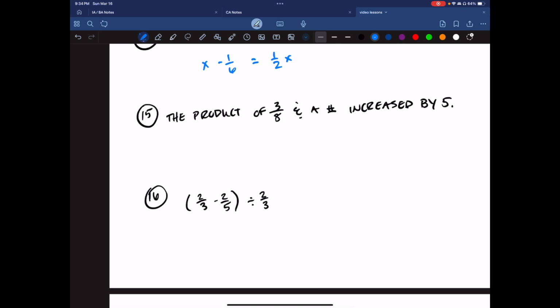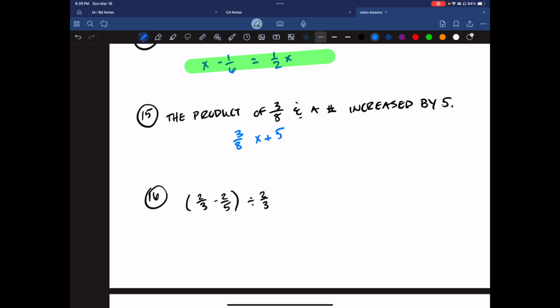On number 15, it says the product of 3/8 and a number, so 3/8 x is increased by 5. So increased or added to, that's always x plus 5.